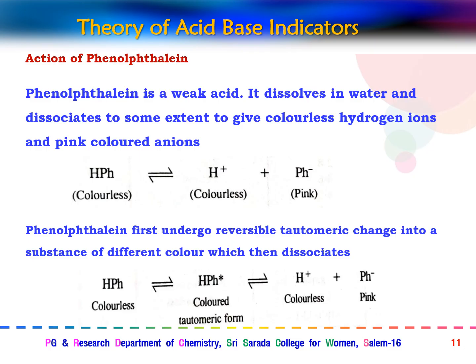Here phenolphthalein or any other indicator first undergoes a reversible tautomeric change into a substance of a different color, which then gets dissociated completely to give colored cations or anions. For phenolphthalein it is represented here: HPh colorless changes into the colored tautomeric form, and then it gets dissociated into H+ colorless and Ph- pink.